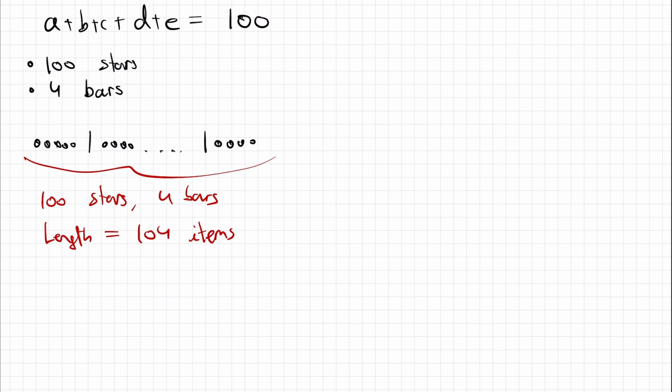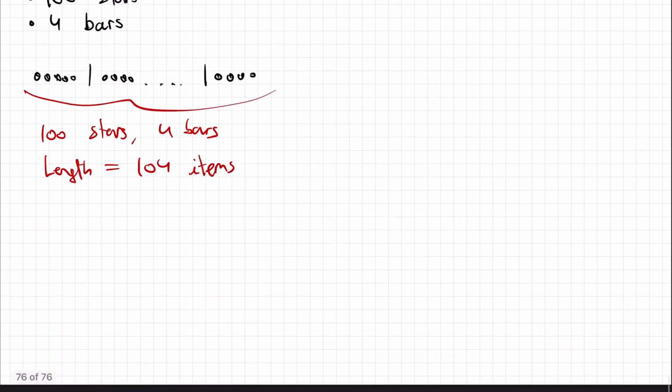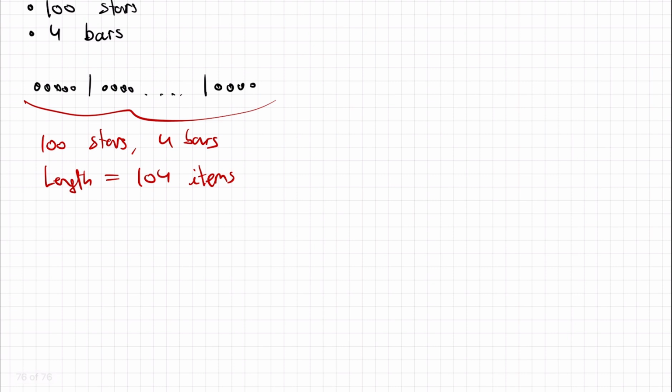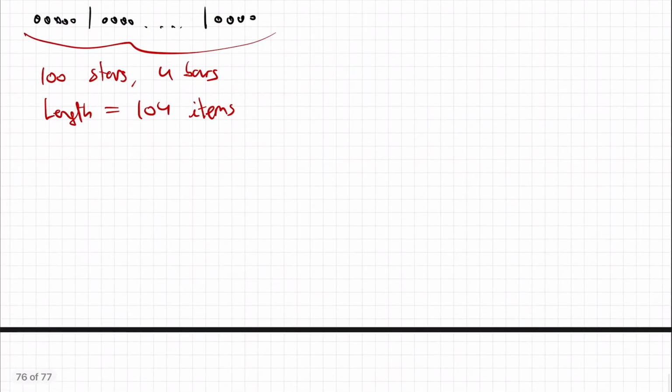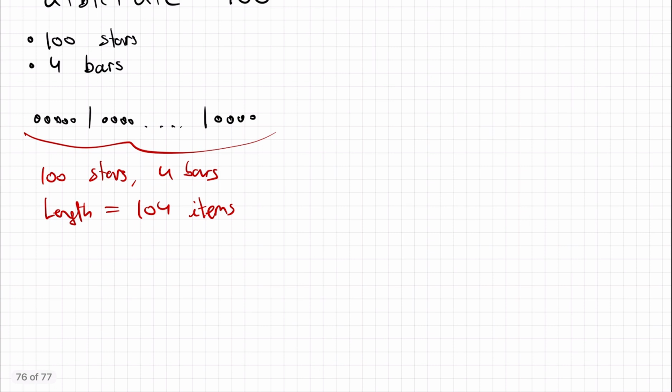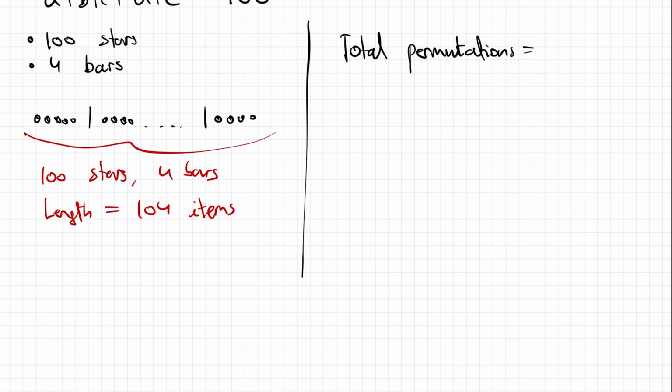So now this question becomes really easy. What we can do is we can do the total permutations. Well, since there's 104 items, this is just going to be 104 factorial. Okay? And then we've got the number of star permutations. And that's just going to be 100 factorial.